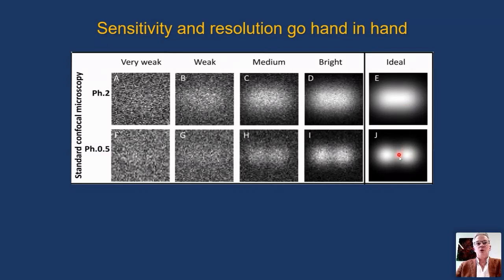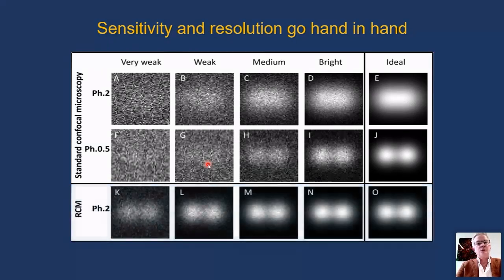This is with a small pinhole of 0.5, and the other one with a pinhole of 2. And you see that the more noise, so the weaker the image, the lower the sensitivity, it becomes more and more hard to see these objects and to see the resolution.